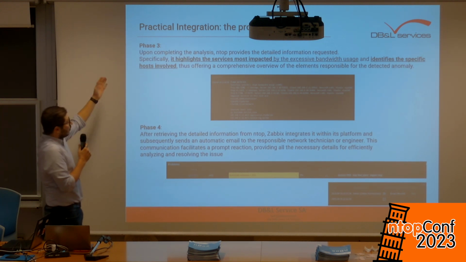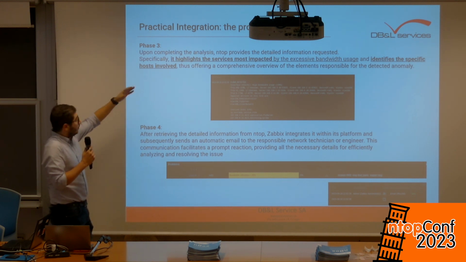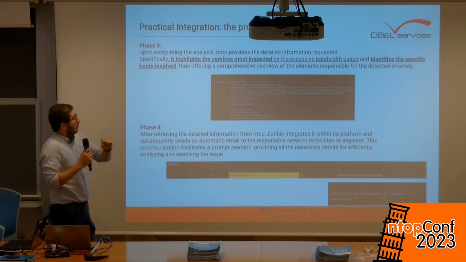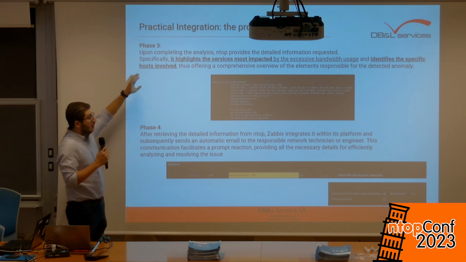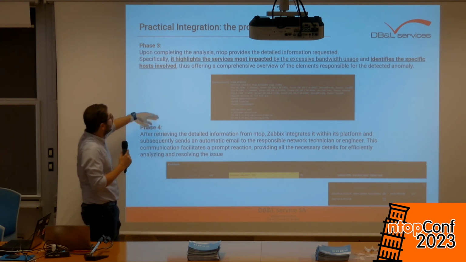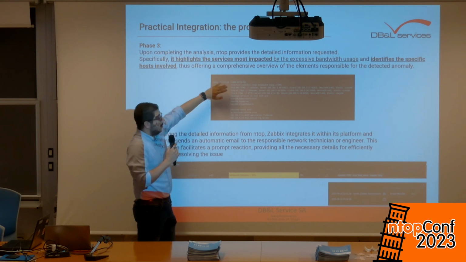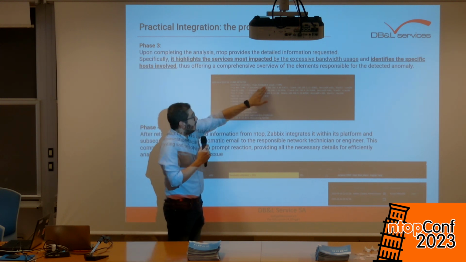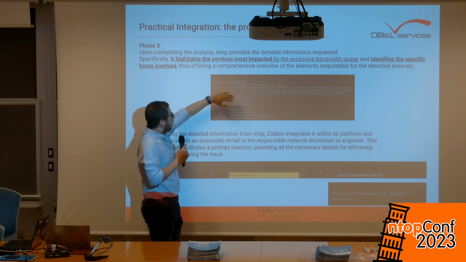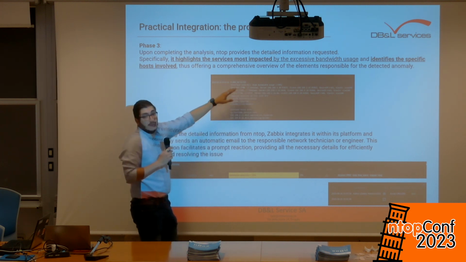Phase 3: once our framework has gathered all the information, it sends it back inside Zabbix, in the related host item. Here you will see not only the flows detected at the same time that the alert was triggered, so in the same moment that a bandwidth usage was notified, it immediately calls ntop to get which flows are active at that moment.